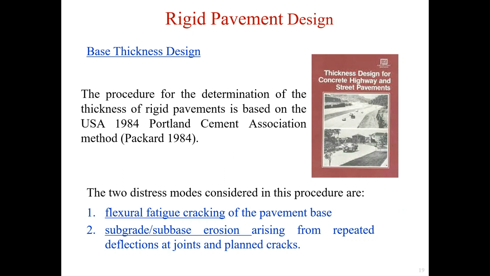It is an old method, but still commonly used in modern days. For the base thickness design of the rigid pavement, 2 distress modes were considered: the flexural fatigue cracking of the pavement base and subgrade or subbase erosion from repeated deflections at joints and planned cracks.